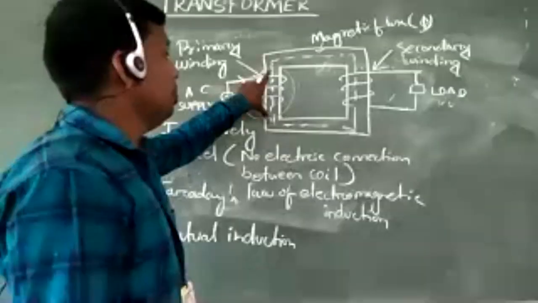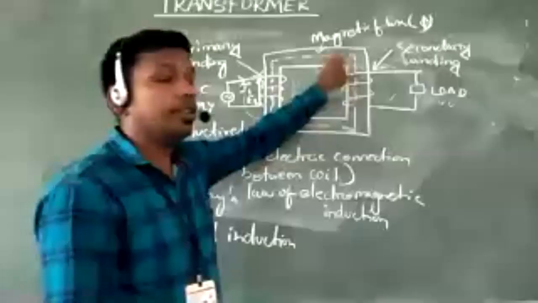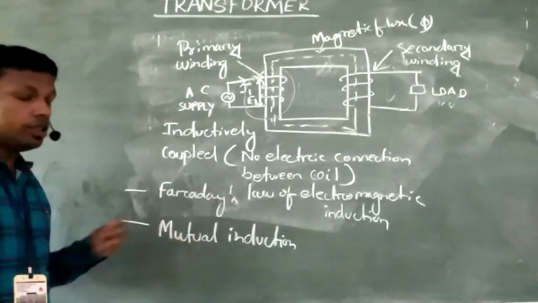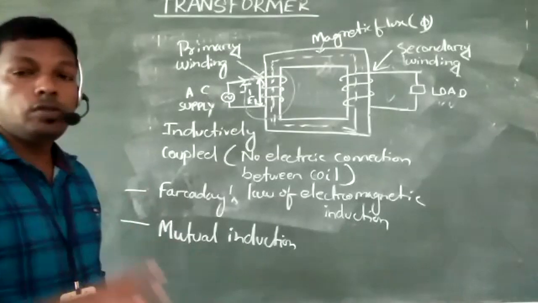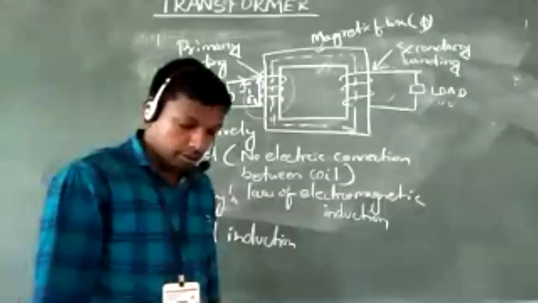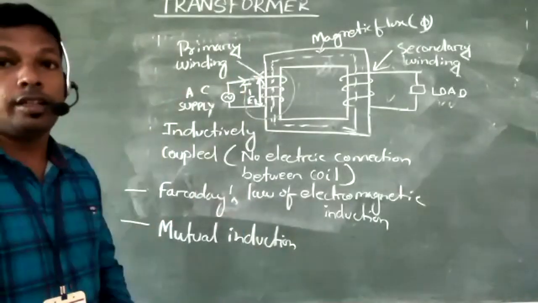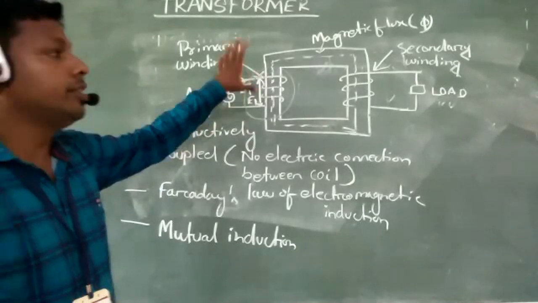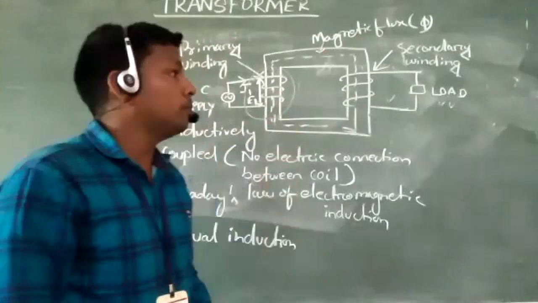The same flux is linking to the secondary winding, but mutual induction states that if two coils are inductively coupled, and we provide one coil with an AC supply, then current flows in one coil, and EMF is set up in the secondary coil by mutual induction.